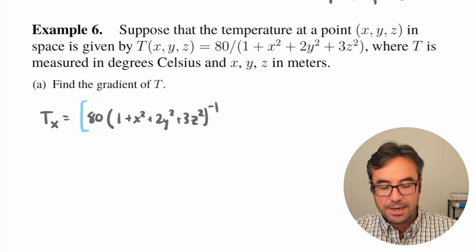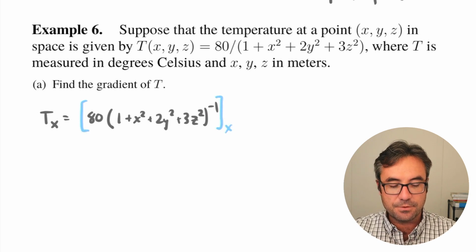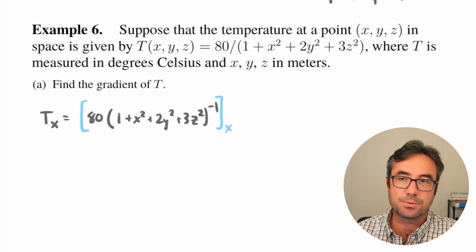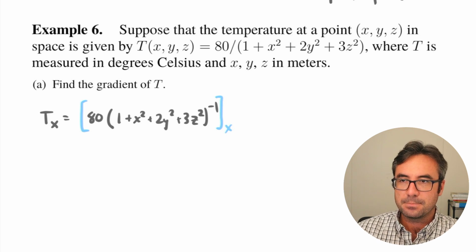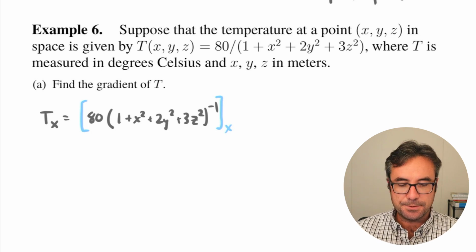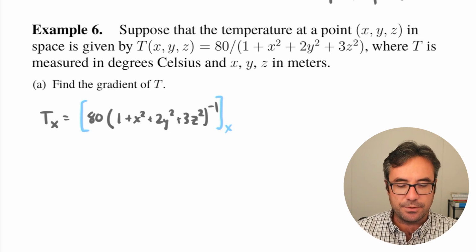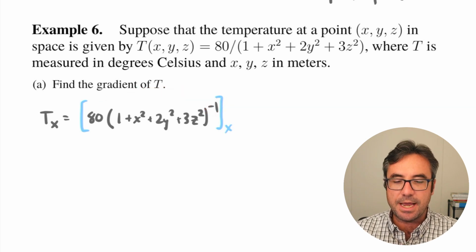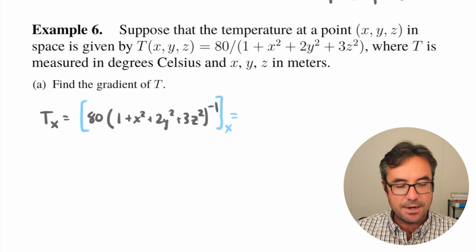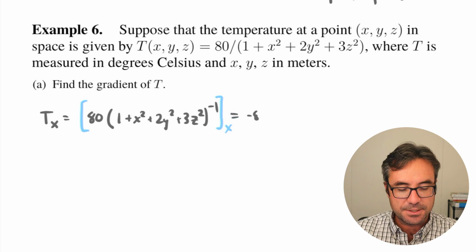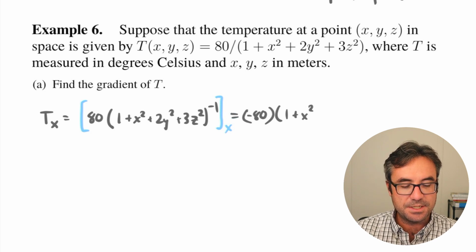And we're going to differentiate with respect to x, so we're going to do the x partial here. All right, so how is this going to work? Well, we're going to use our chain rule. We're going to use the general power rule that says, take this exponent, bring it down, multiply it with the 80. So we're going to end up with negative 80 in front. Then you keep what's inside the parentheses exactly the same.